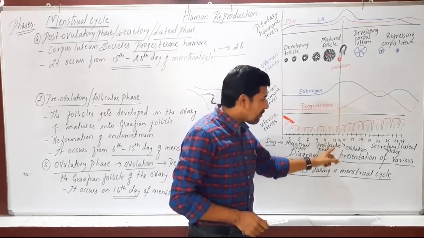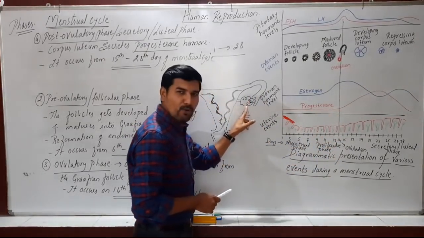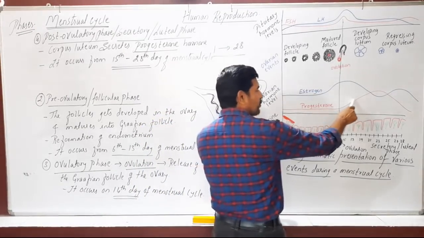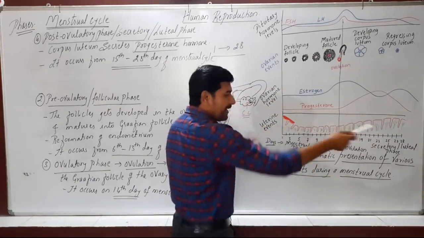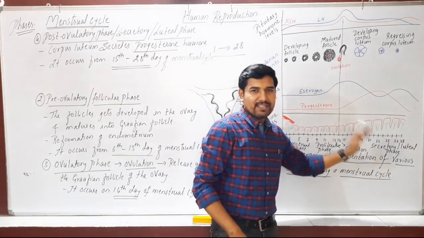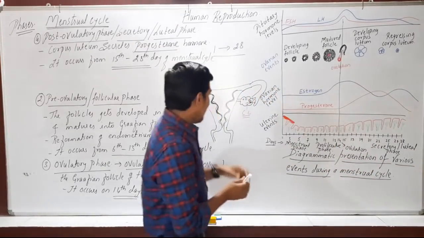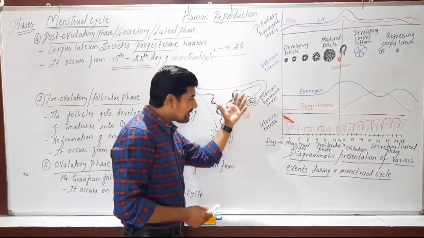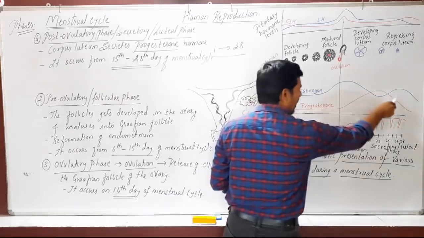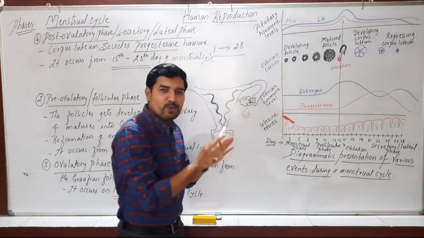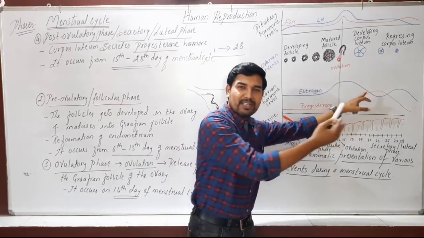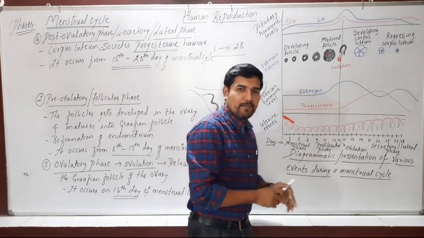That's why when corpus luteum is forming in the ovary, it starts to secrete progesterone, and the level of progesterone increases at the mid of the secretory phase. The diagram shows the progesterone hormone increases after 14th day. It starts from the 15th day.